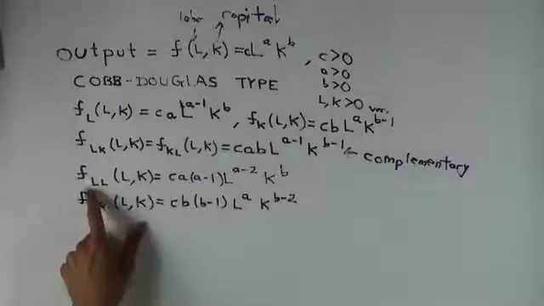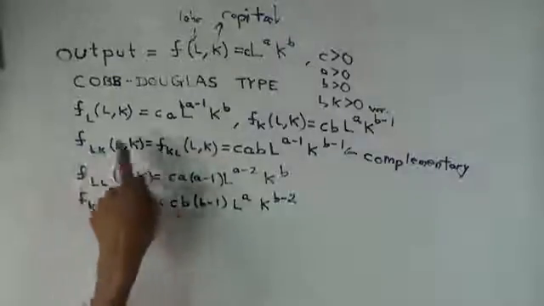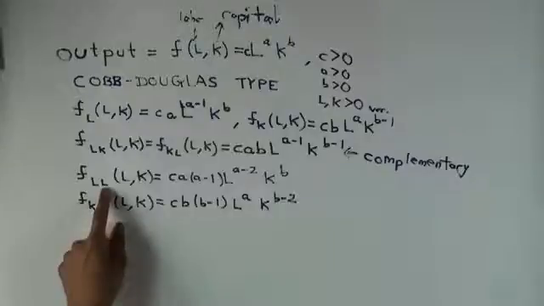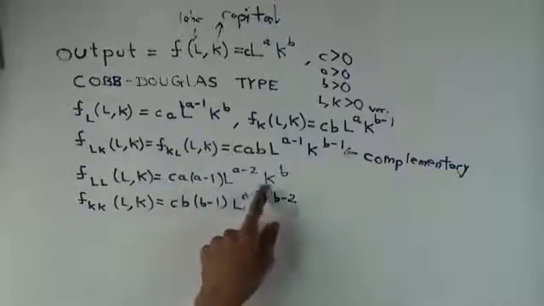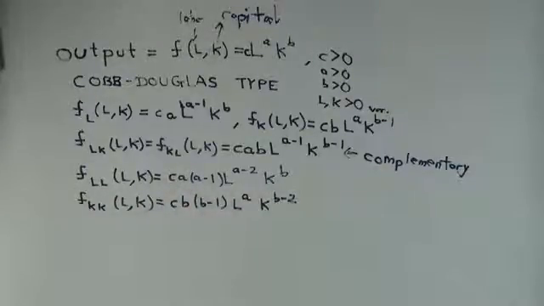Now what about the second-order pure partial? That was the mixed one, this is the pure one. What can you say about it? If A is less than 1, then it's negative, which means you have decreasing returns to labor. If A is greater than 1, you have increasing returns to labor, and if A is equal to 1, you actually have constant returns to labor.